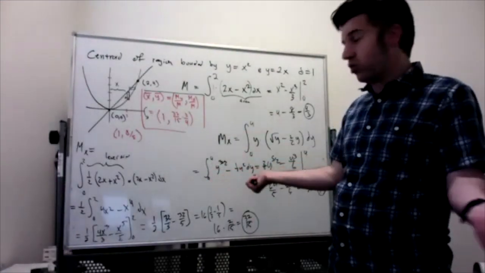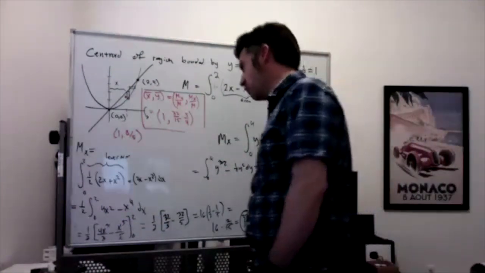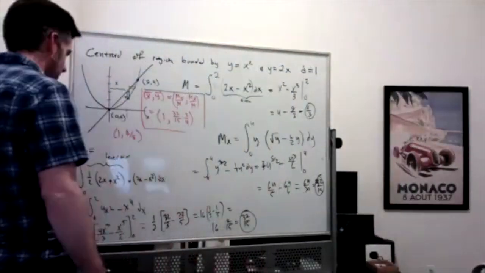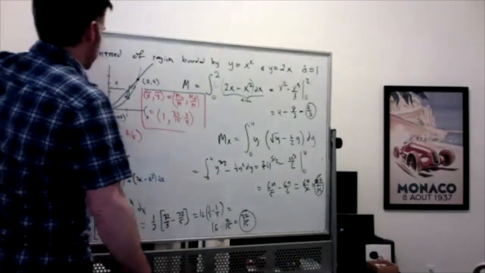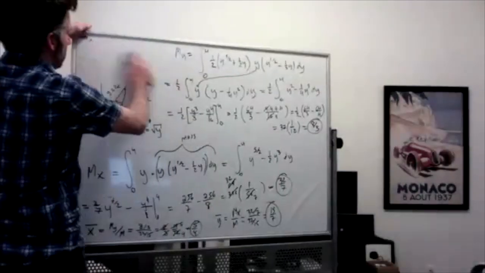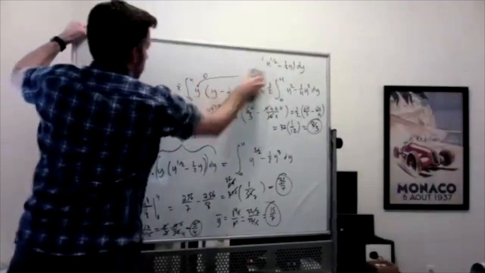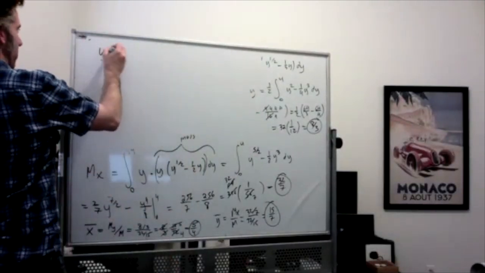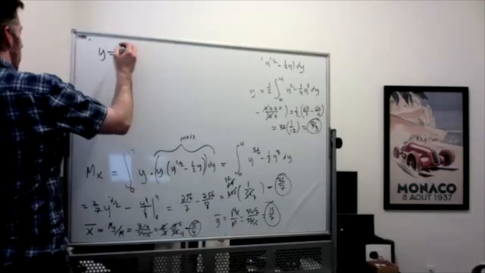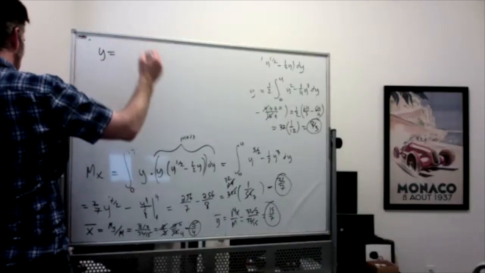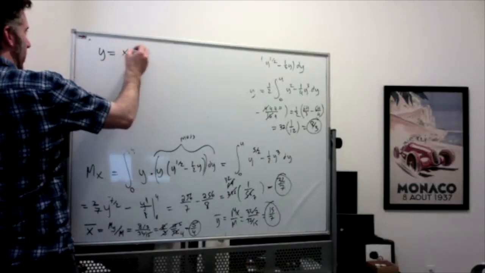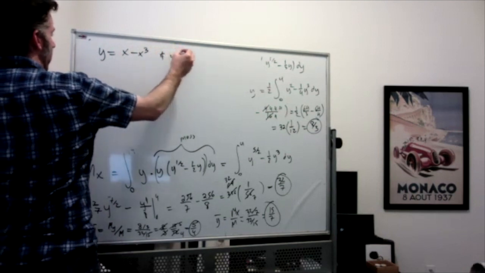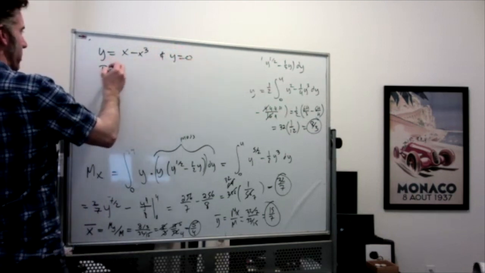And there are some things you couldn't, like for example, if my region were the region bounded by y equals x minus x cubed and y equals 0 in the first quadrant.